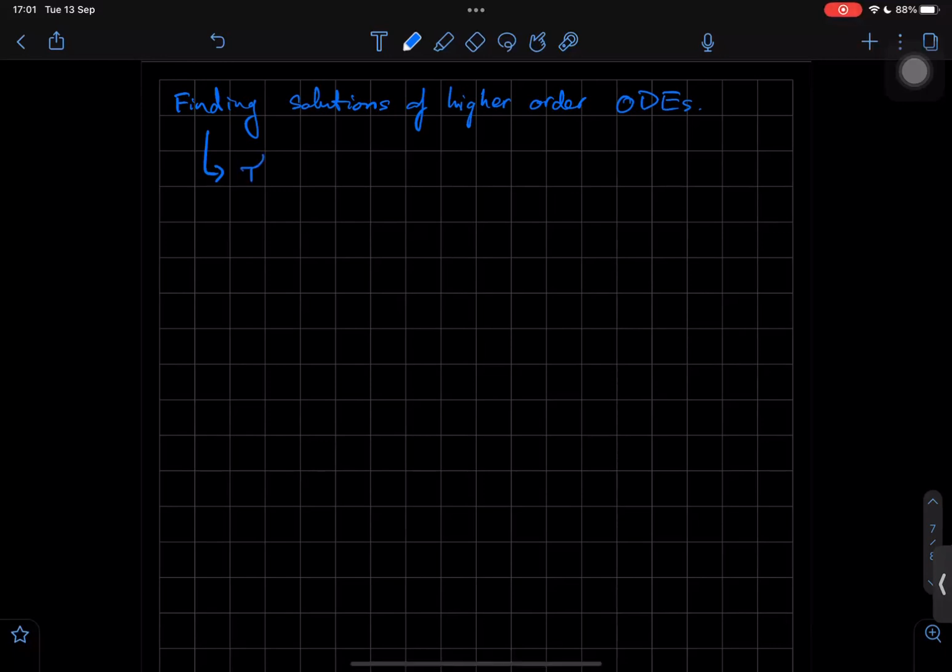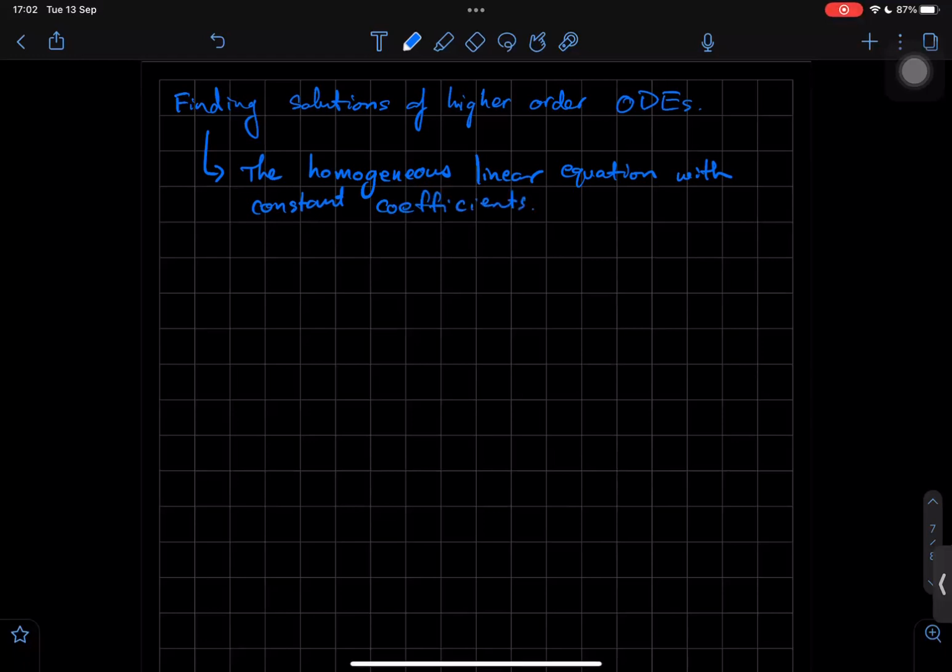Called the homogeneous linear equation with constant coefficient.